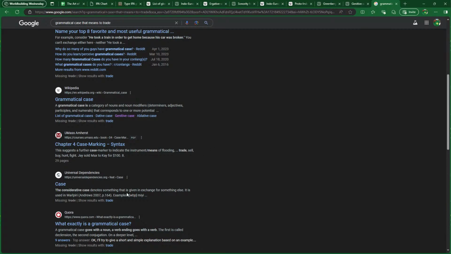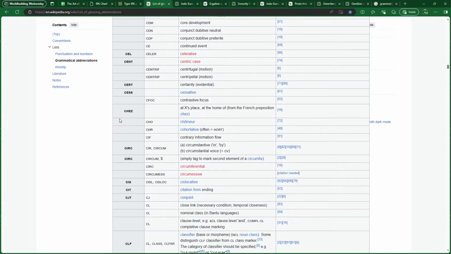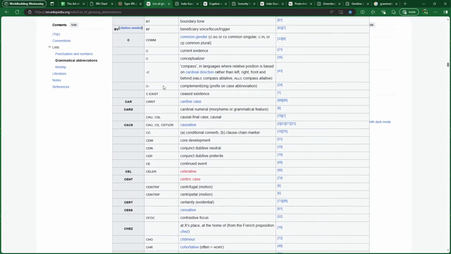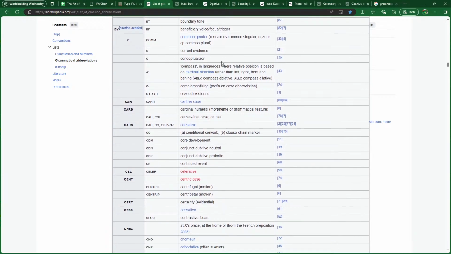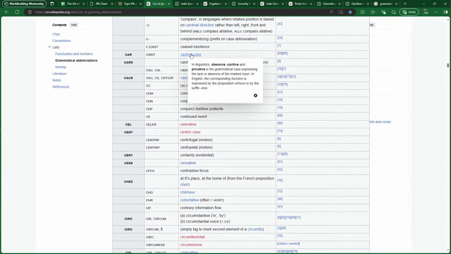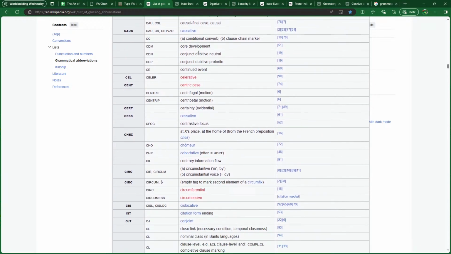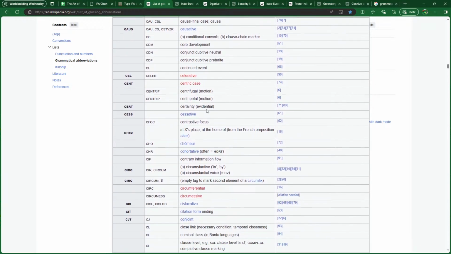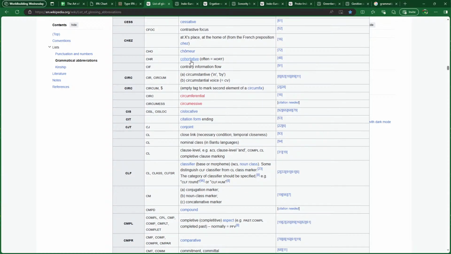Considerative. Considerative case. Here. Current evidence, conceptual adder, causative case. Yeah, that's just the abusive. Causative, conditional, conjunct, correlative, cessative. Okay. Cohortive.